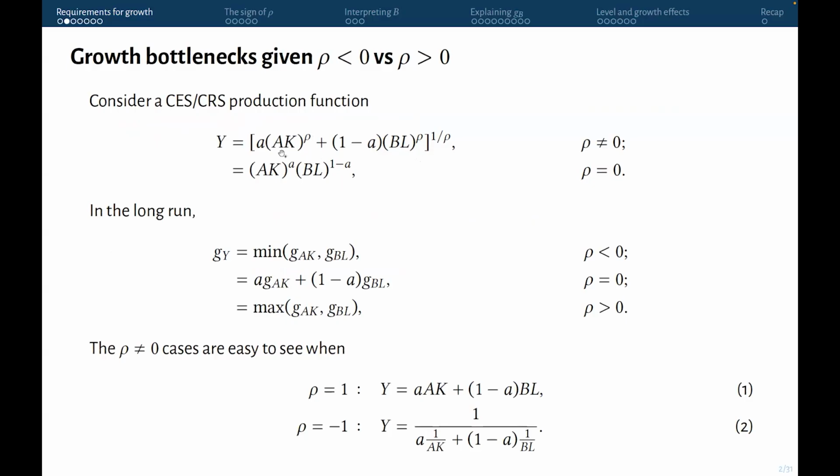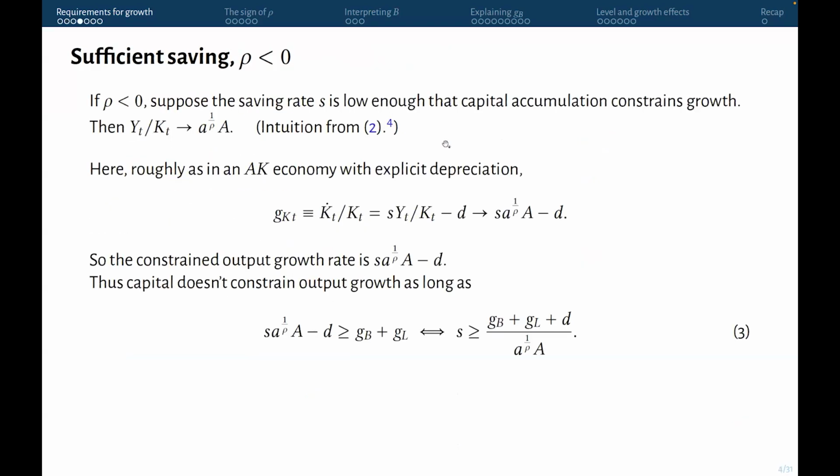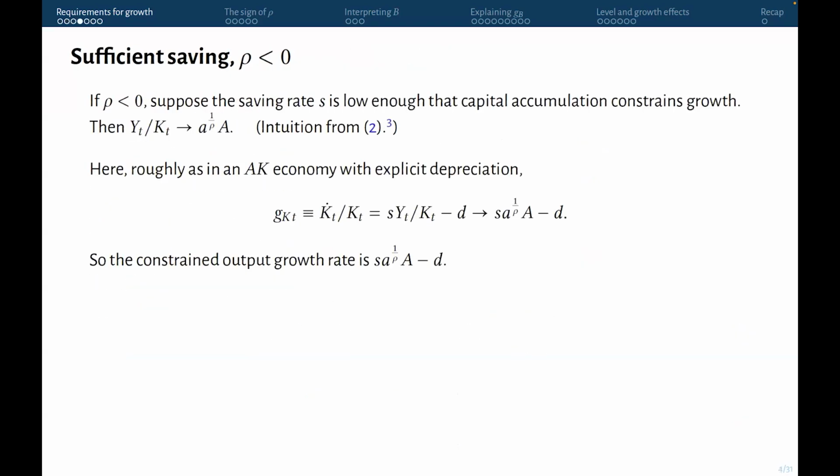And all you're left with is little a to the 1 over rho from the outside here times AK, because this rho and this 1 over rho cancel. Make sense? So you've got labor, but it's so plentiful relative to the capital that it's like water. It's such a negligible contribution on the margin to growth that we don't need to think about it, really.